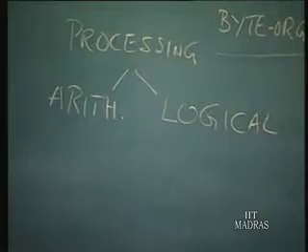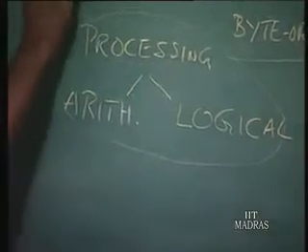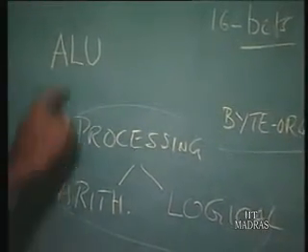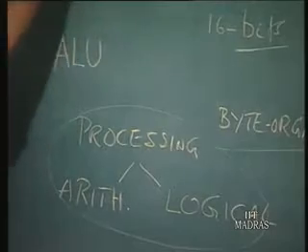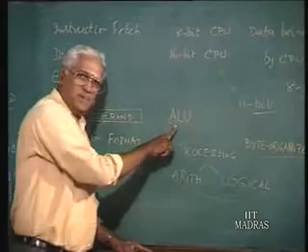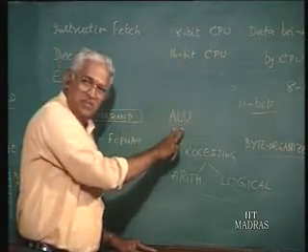And for carrying out this, we have the arithmetic logic unit or ALU, right? Essentially when we say 8-bit CPU, what we mean is 8-bit ALU. When we say 16-bit CPU, what we imply is 16-bit ALU.